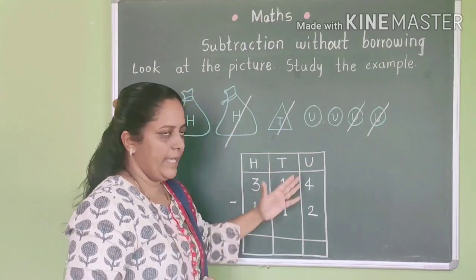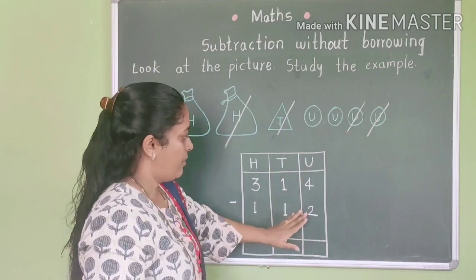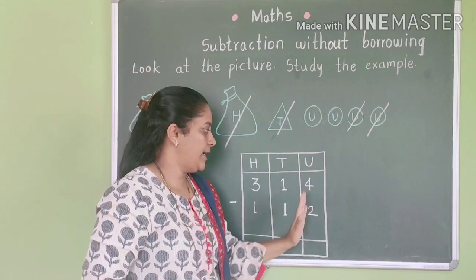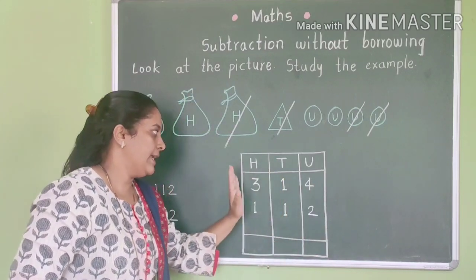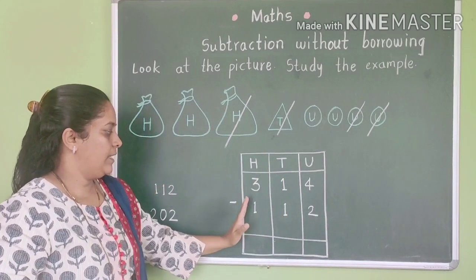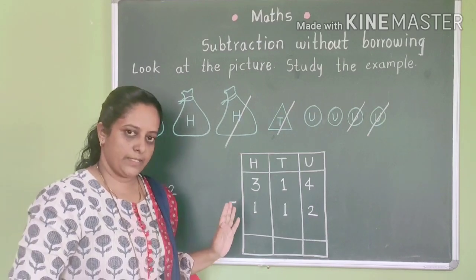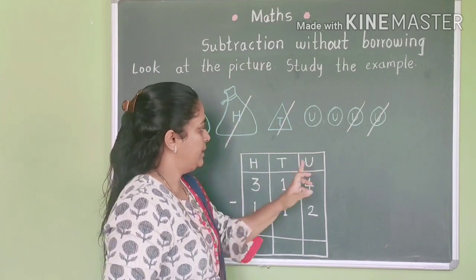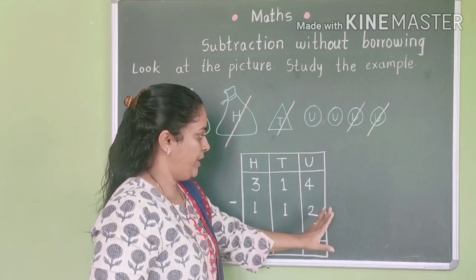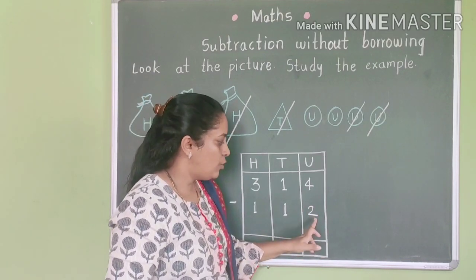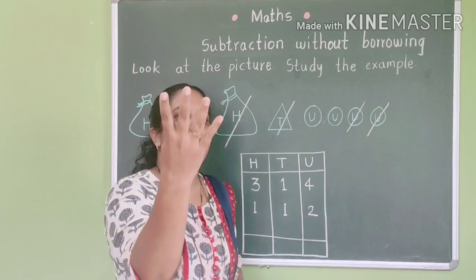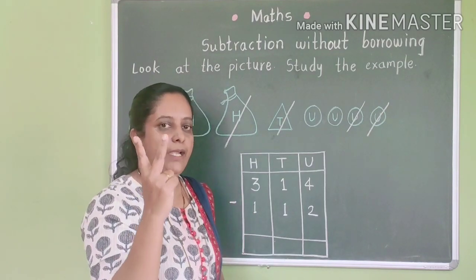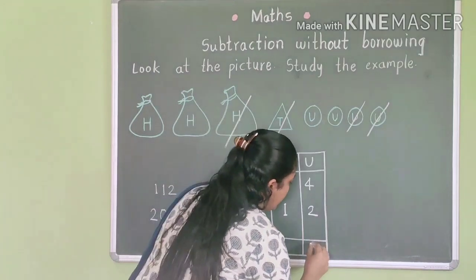Now let's solve this. Let's subtract direct numbers. We start from units and then tens and at last we will subtract hundreds place. Get it? Good. Starting from units we are taking 2 from 4 and we have left only 2.